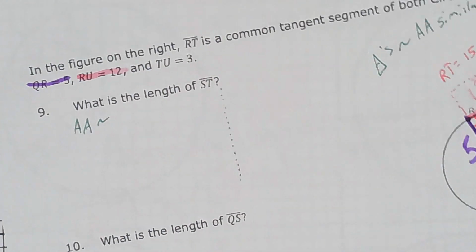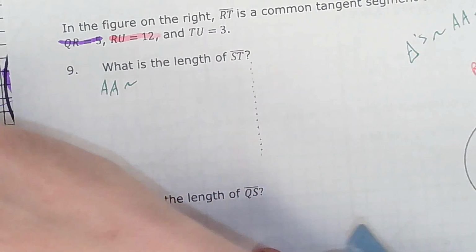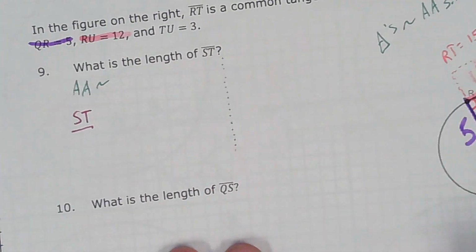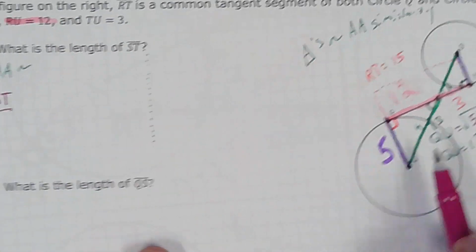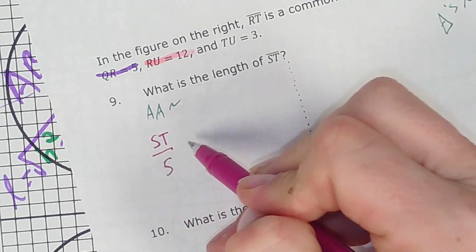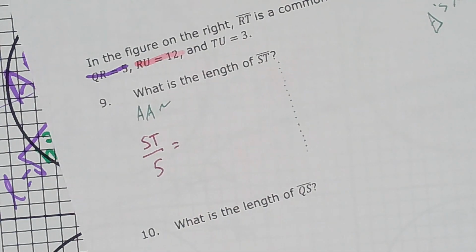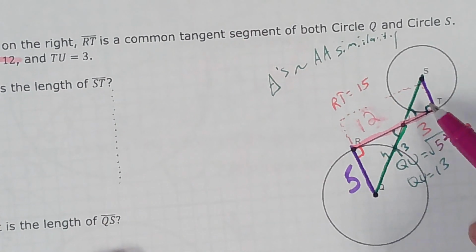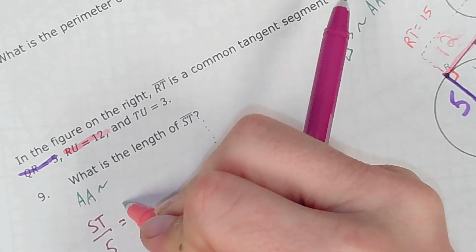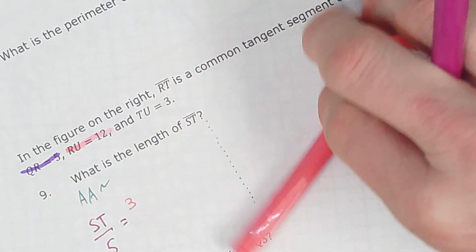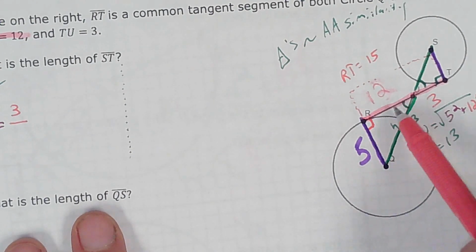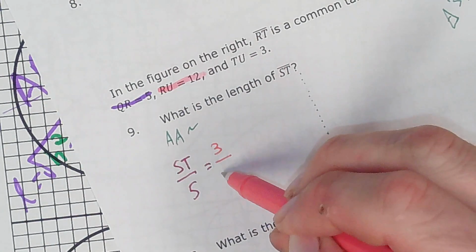Because of angle similarity, I can set up a ratio. Okay, I'm trying to find ST, and its paired length is 5. Little over big. Another length on the little triangle that I know is 3, so it's going to go on top, and on the big triangle, its similar length is 12, so it's going to go on the bottom.